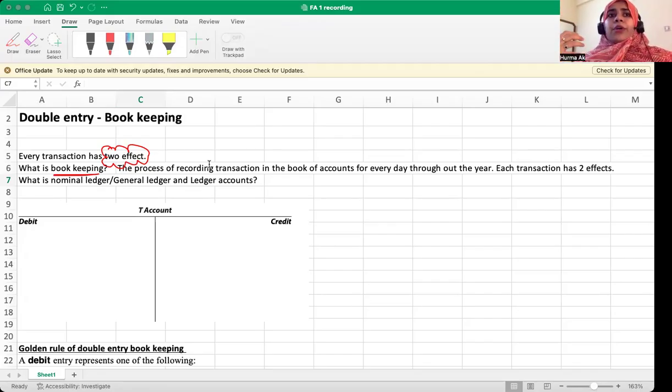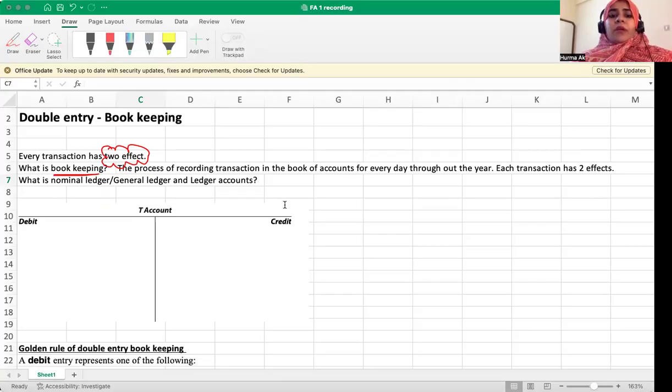If you're going to start a business in a restaurant or hotel, you'll definitely buy raw materials like food items and ingredients to make food. So the purchases are going to be made. That's an expense for you, and the money is going out. So cash is reducing, and expenses are increasing. That's one effect, and the cash reducing is the other effect. That's what I mean when I say that every transaction has two side effects.